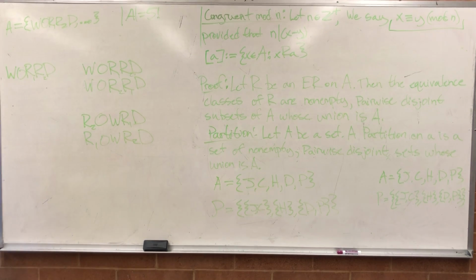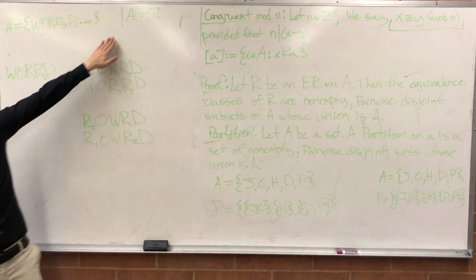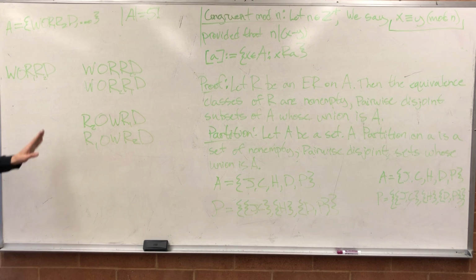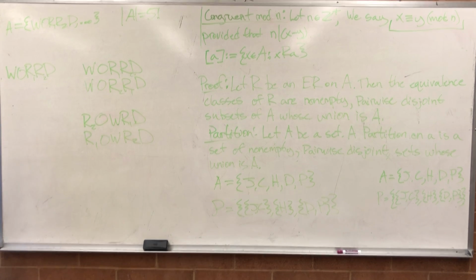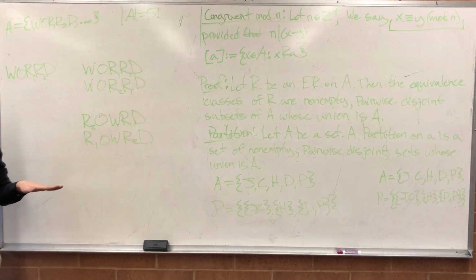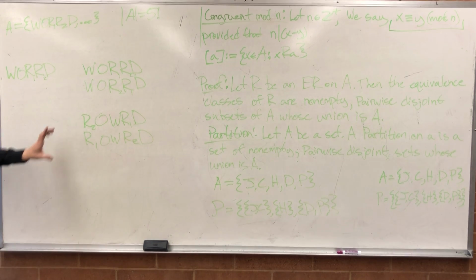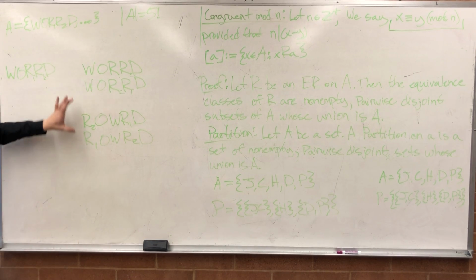Now, if we create a partition on A, where we use the relation "looks the same when we ignore subscripts," then we're splitting it into a bunch of these smaller sets of 2, right? You understand what I'm saying there?